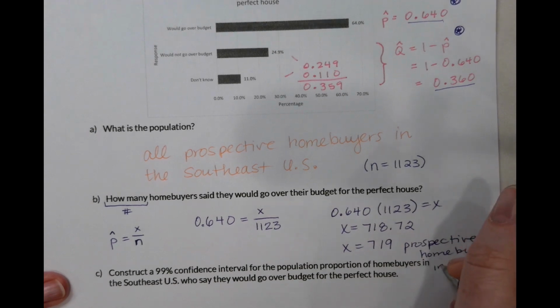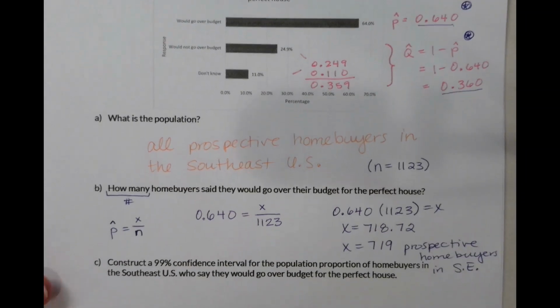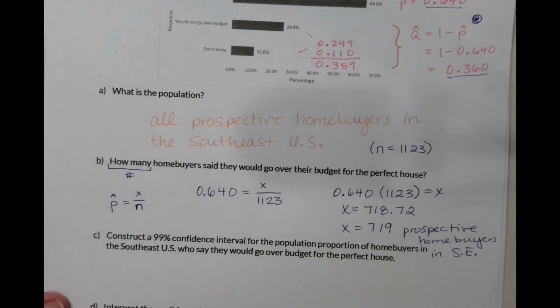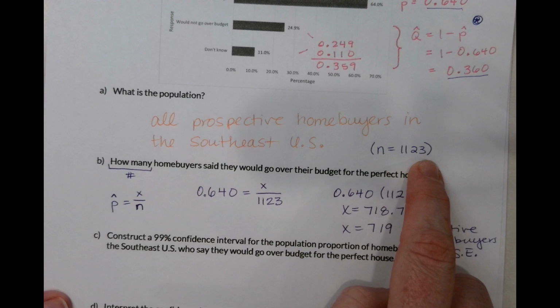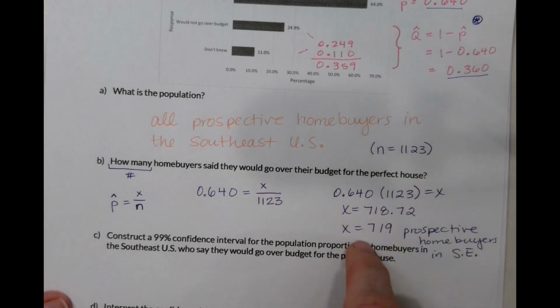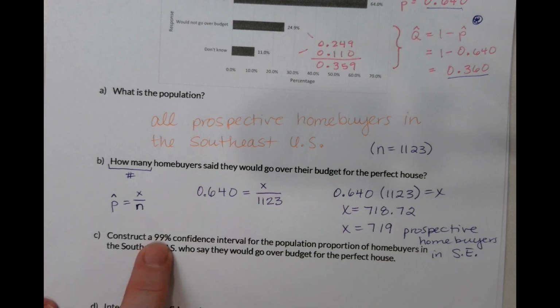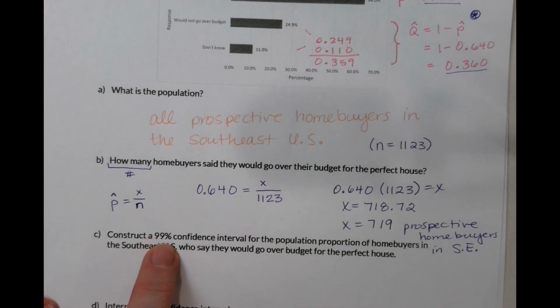And I'm actually going to abbreviate even more. I'm just going to say SE for Southeast. So now I have my X, I have my N. Those are two things that we'll need in order to use StatCrunch and come up with our confidence interval. The other thing that we need is to know what our confidence level is.